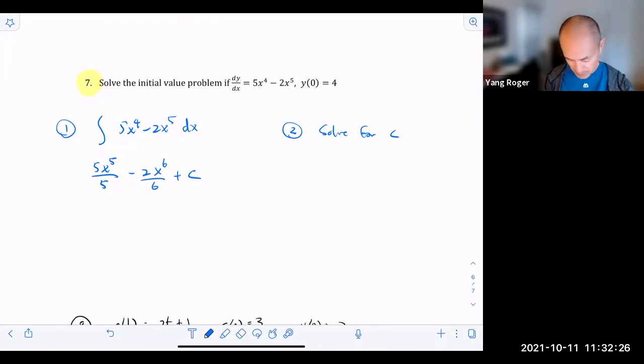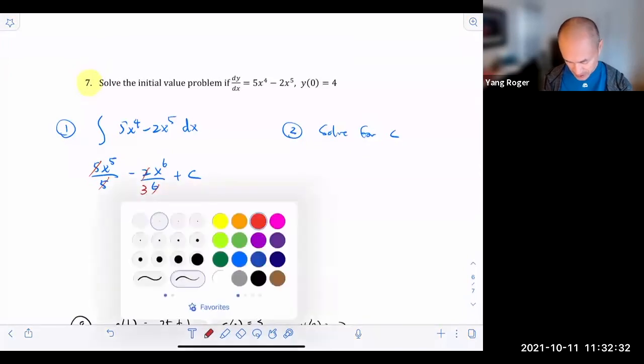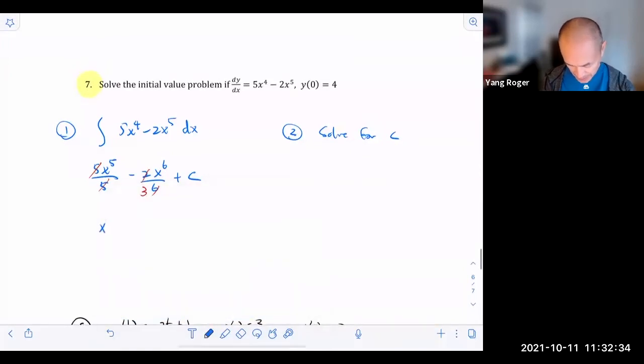So obviously the 5s cancel out and the 2 and the 6 cancel out. So we could simplify this to give you x to the 5th minus x to the 6th over 3 plus c. And this is equal to y, right? Because if we're looking for dy dx, that means that the original function we find is called y.